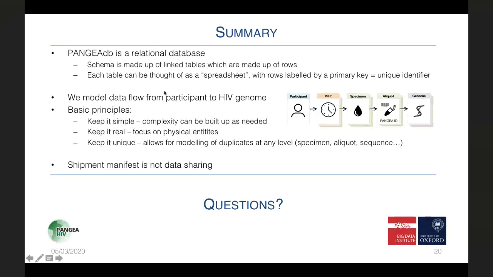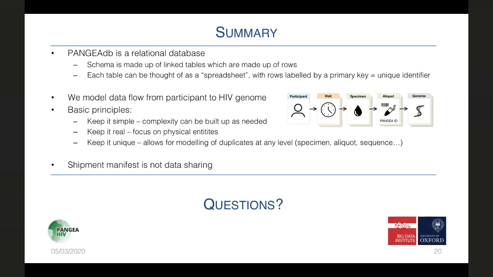And what we normally return, if you just ask for some data from PANGEA, will be sort of the best sequence for each aliquot, for each specimen, for each visit, for each participant. And you can deduplicate to all of these different levels because we've made sure that we keep those things unique. And the basic principles are that we try and keep it as simple as possible, but we can build complexity if it's needed and as it's needed.